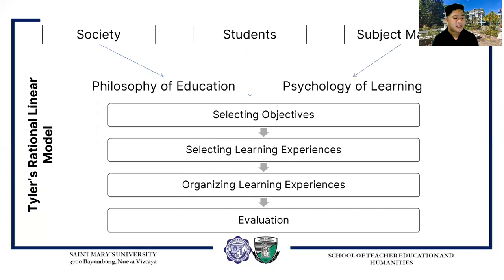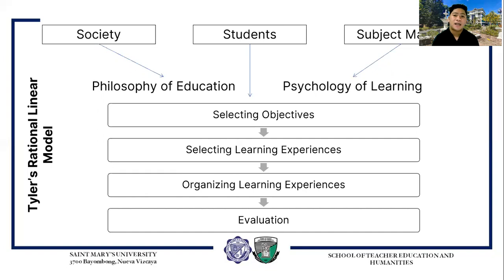Aside from addressing the 4 questions, Tyler also tried to identify our 3 curriculum sources, which are influential on how we are going to develop the curriculum: society, students, and subject matter.